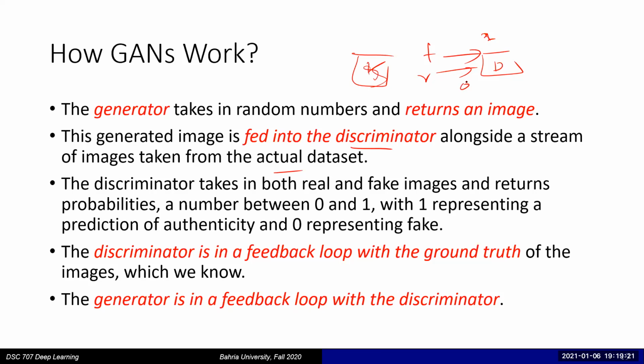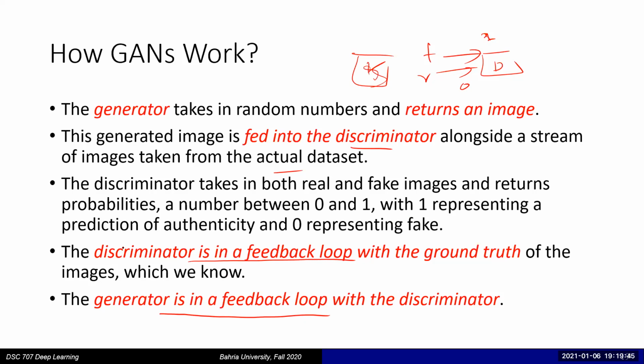Now the discriminator knows the ground truth of images. When we say the discriminator is in a feedback loop, it means the discriminator knows which of these images are real and which are fake, right? Similarly, we connect the generator to the discriminator, meaning the generator can see how well the discriminator is performing.